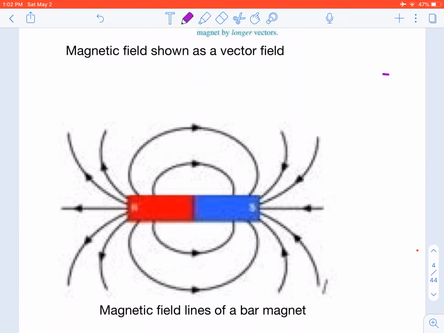Where you see a lot of lines, say if I draw a square here and there are a lot of lines per square area, that gives us an indication that the field is strong.